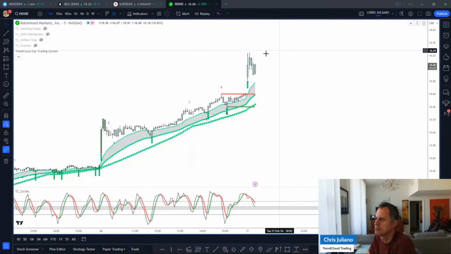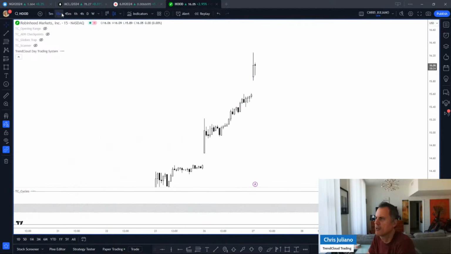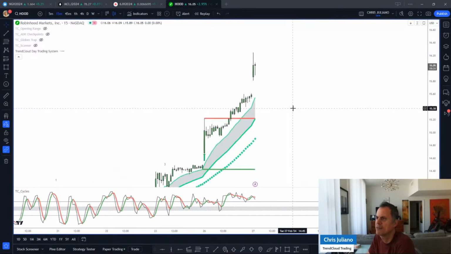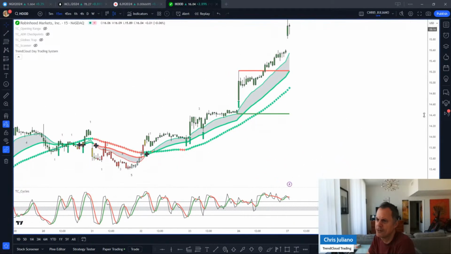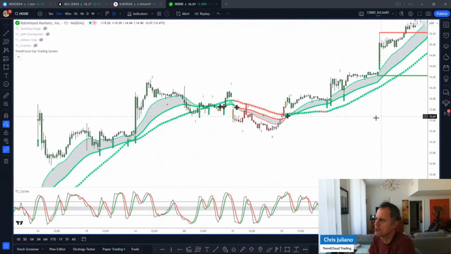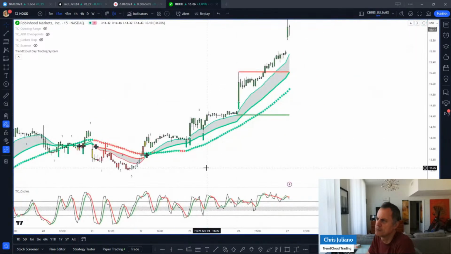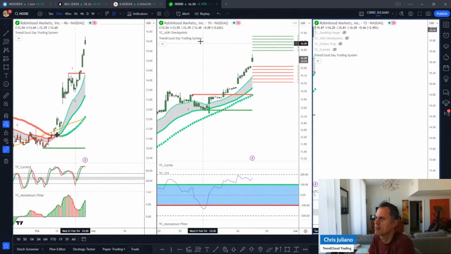Whoa. 5-minute chart. Extended. How about the 15? 15-minute chart. Wow, Robinhood trends very nicely. Imagine that.